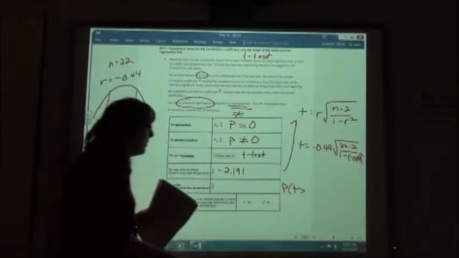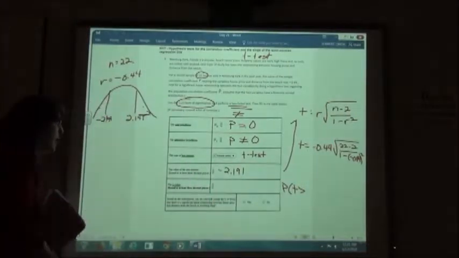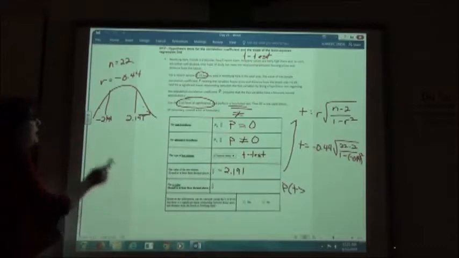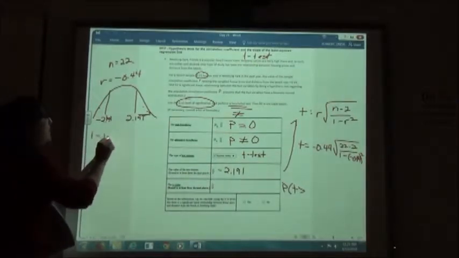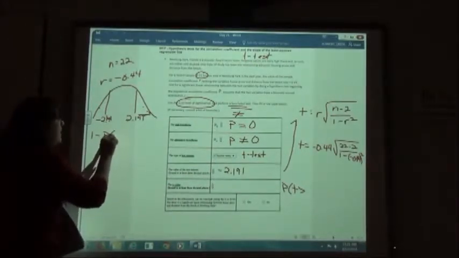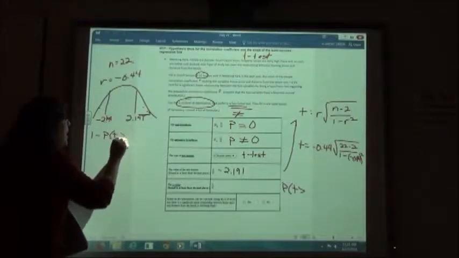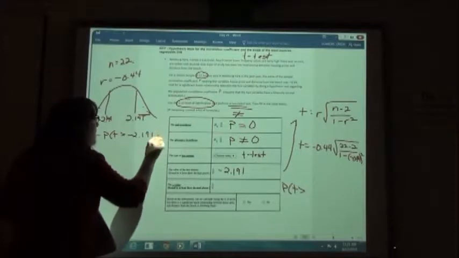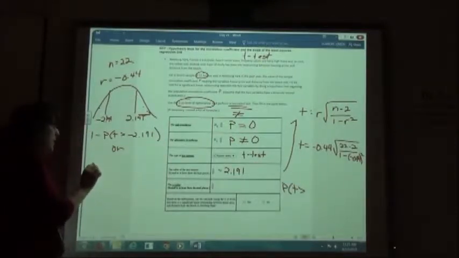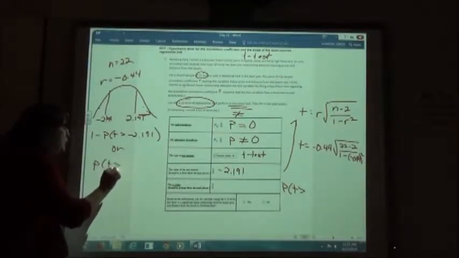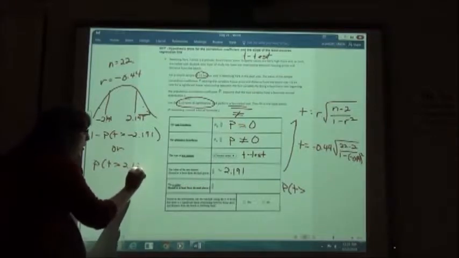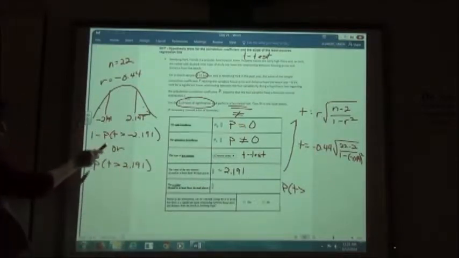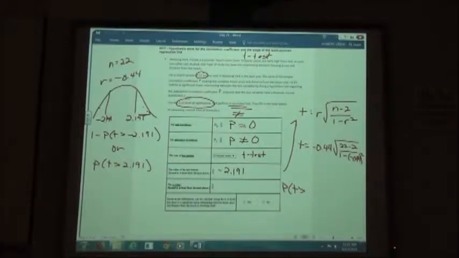So there are 2 ways you could calculate your p-value. Either you could do 1 minus the P of t is greater than negative 2.191, or just do P of t is greater than the positive 2.191. Those two calculations, if you try them out, should give you the exact same number.